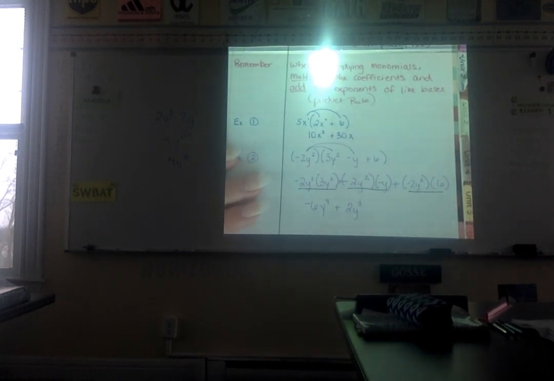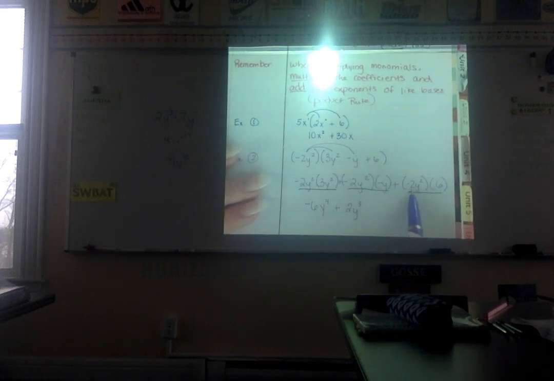Kyle, I'm going to come to you next, if that's okay? All right, so we're going to do this last set of multiplication. We're looking at negative 2y squared times 6. What's the new coefficient going to be? Negative 2 is the coefficient here, times 6. Don't add them. We're multiplying, okay, because we're distributing.